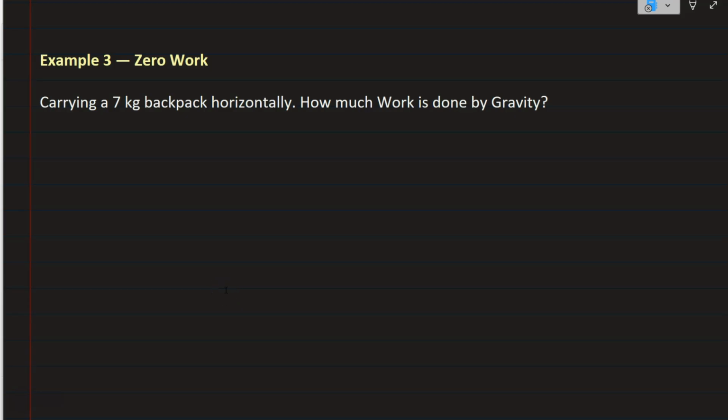This one is a kind of a tricky question. It's zero work. So we're carrying a 7 kg backpack horizontally right here. How much work is done by gravity? Interesting, right? So gravity is up and down. This is gravity, just the gravity force or the weight, right?